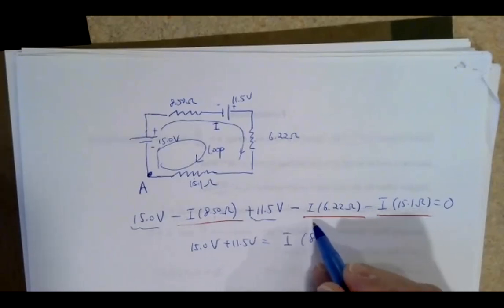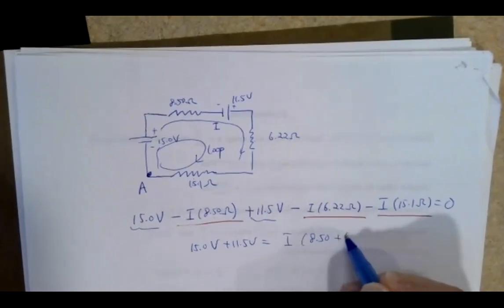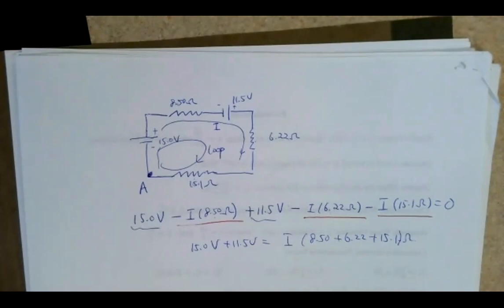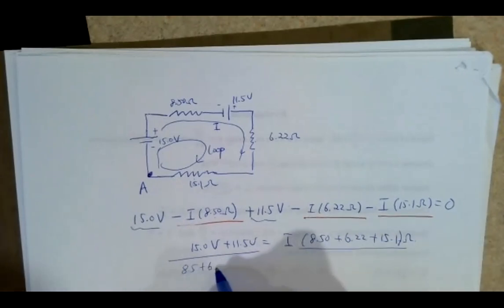Okay, and then you can put this together, 6.22 plus 15.1. Okay, they are all in ohms. So that means you move them to the other side of the equation. Then you can solve for your I. So divide both sides by this, 8.5 plus 6.22 plus 15.1.